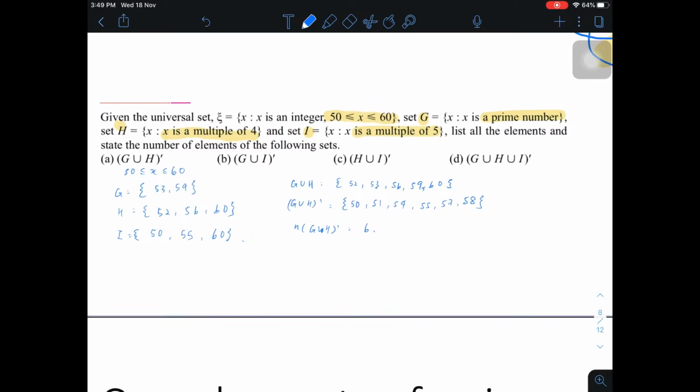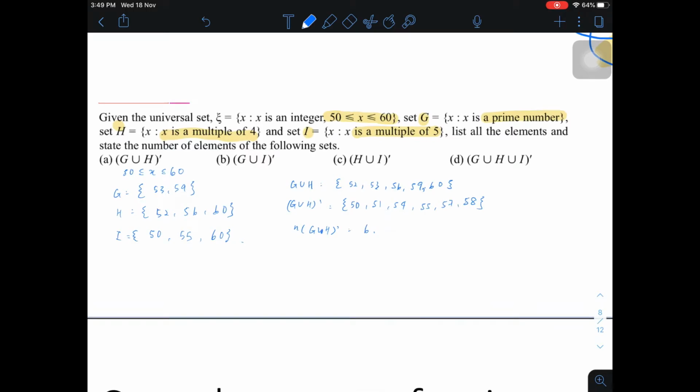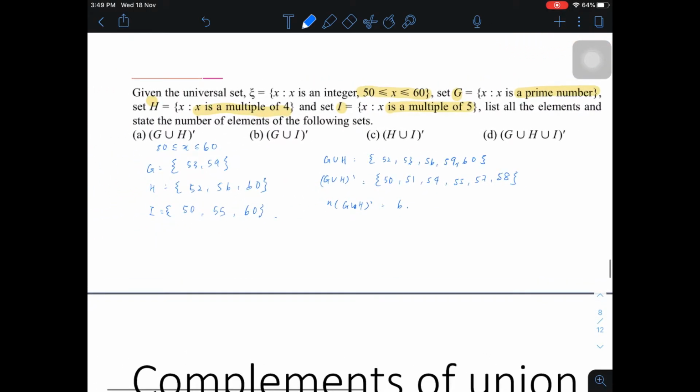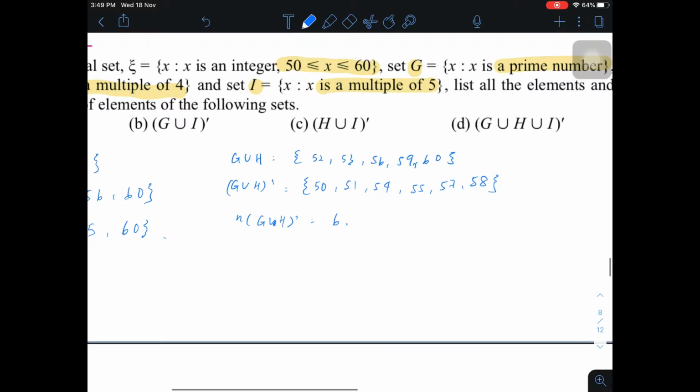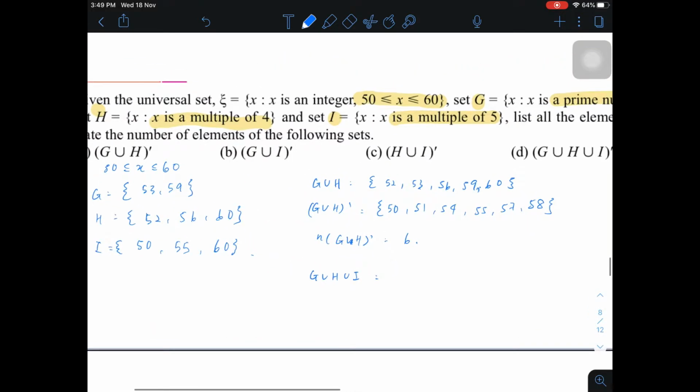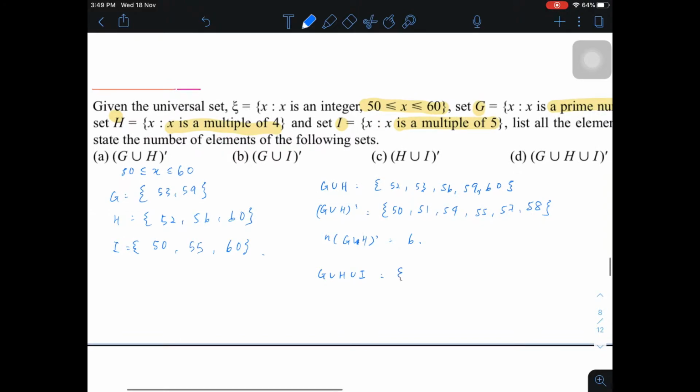Similarly for the rest. We'll skip to question D then. So the union of G, H, I, G union H union I, as we can see, is 50, 52, 53, 55, 56, 59, and 60. Right?